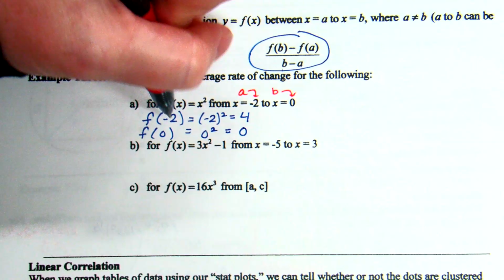Average rate of change formula is right up above. F of b minus f of a over b minus a. Okay, computer's still on fall break. Hold on.